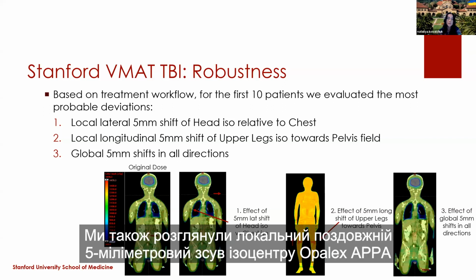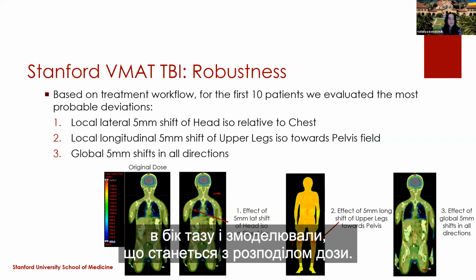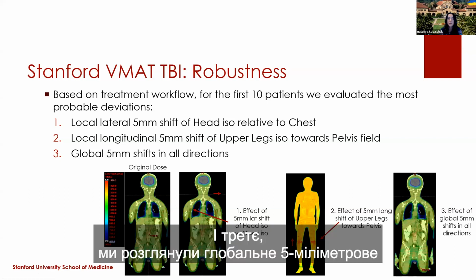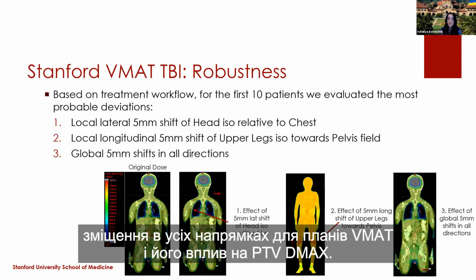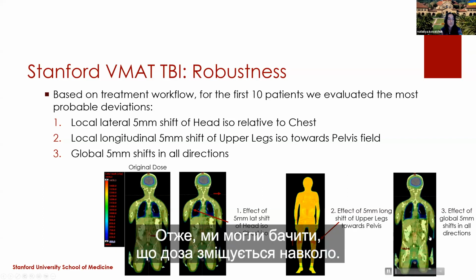We also looked at a local longitudinal 5 mm shift of upper legs AP/PA iso towards pelvis and simulated what would happen to the dose distribution. And the third one, we looked at the global 5 mm shift in all directions for VMAT plans and its effect on PTV D max. So you could see the dose shifting around.